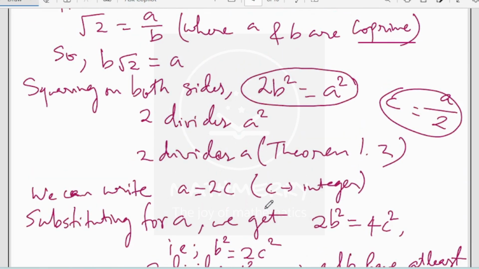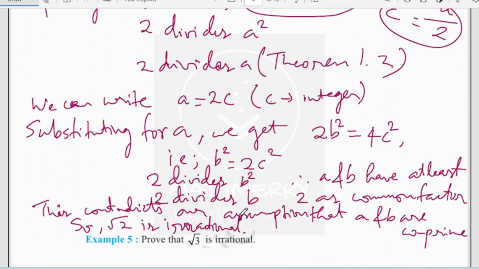Now we are assuming another integer C, where we can write A is equal to 2C, since A is divisible by 2. Now we are substituting in the previous equation. So we will get 2B square is equal to 4C square. So we get B square is equal to 2C square.